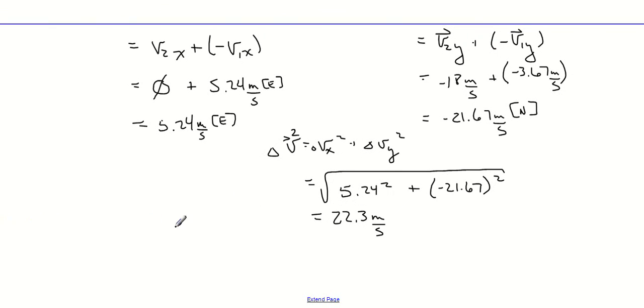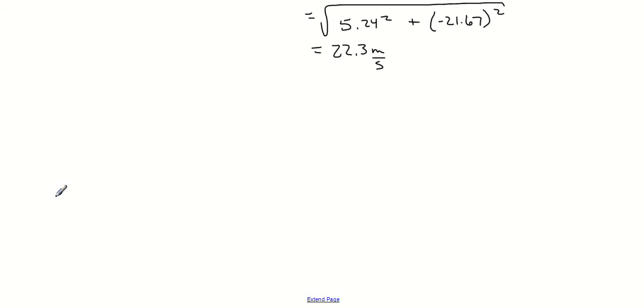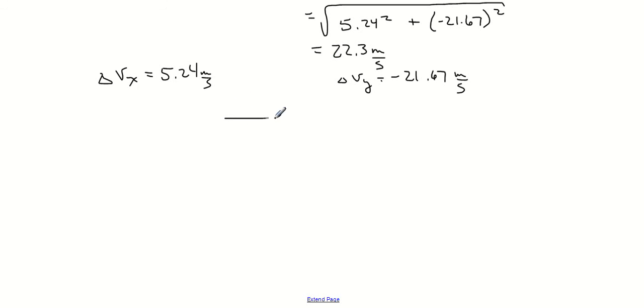Okay, so let's move this down a little bit and we'll extend our page and we'll solve for the direction of delta v. So just to refresh, delta Vx is equal to 5.24 meters per second, and delta Vy is equal to negative 21.67 meters per second. And by taking Pythagorean theorem and squaring these and then adding them together and taking the square root, we solve that delta V has a magnitude of 22.3 meters per second.